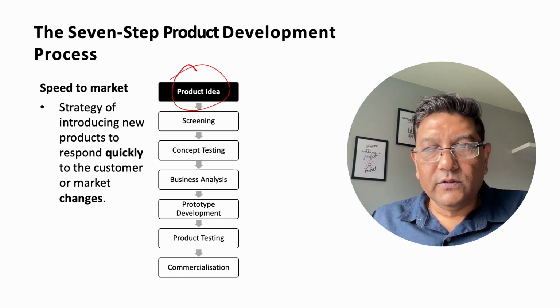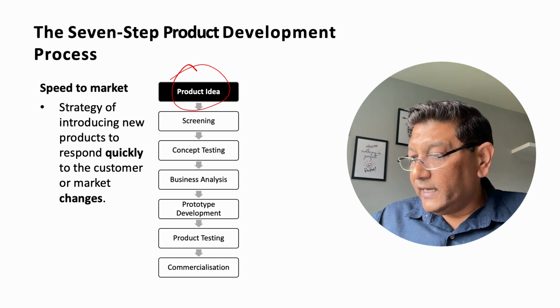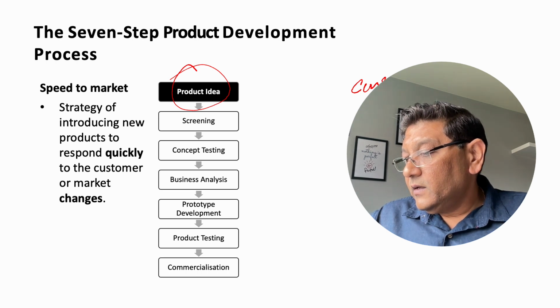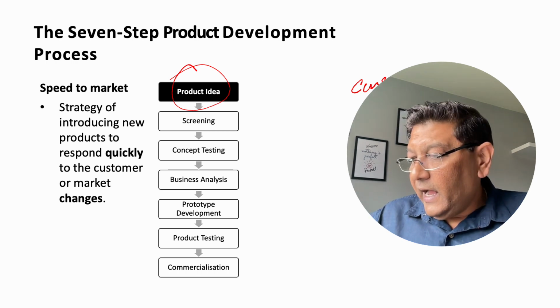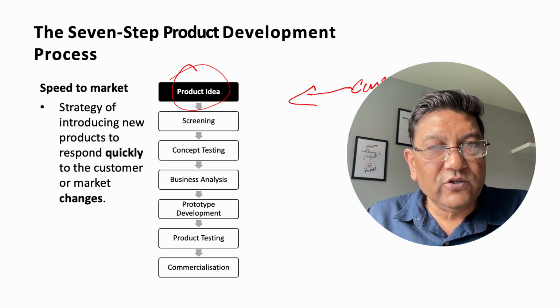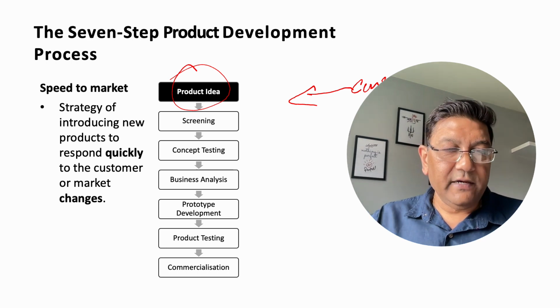The other way to avoid that type of risk is to get the idea from consumers. So consumers give the idea and you get the data from consumers before you actually come up with the actual product idea. How can you get the idea from consumers?